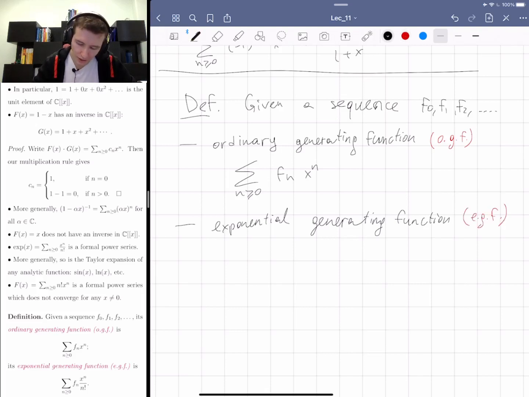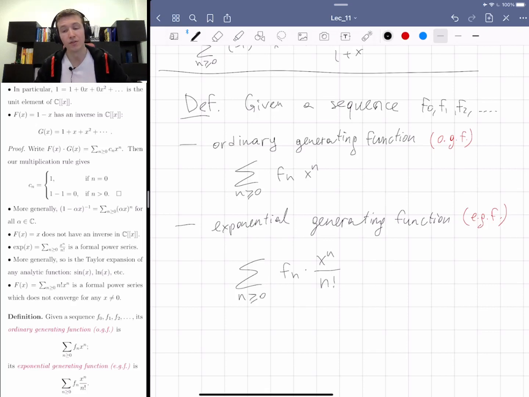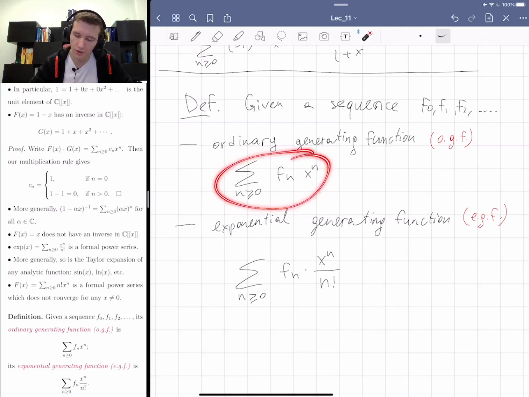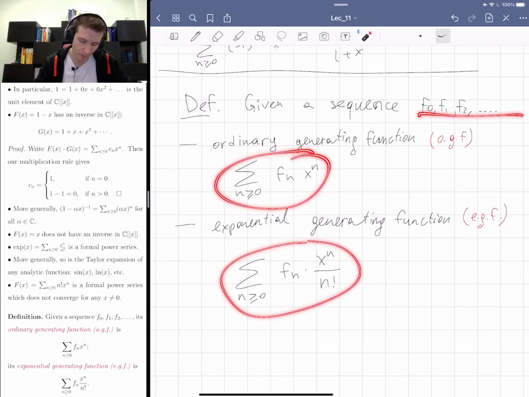Here I do something slightly tricky. I take fn times x to the n, but then I divide each coefficient by n factorial.